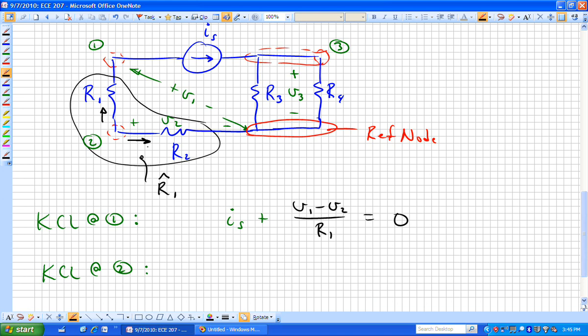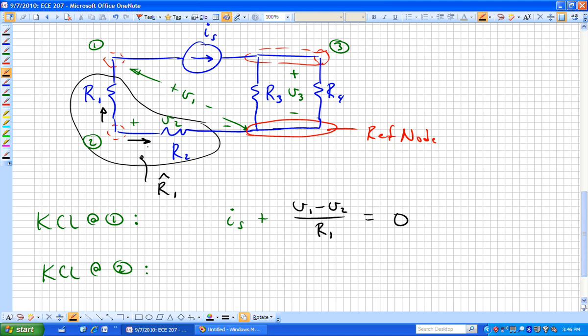One has to go up, one has to go right. In the earlier situation, where I wanted the currents leaving node 1, I considered a current going down that vertical branch containing R sub 1 and a current going to the right. Now that I know I want a current going up and a current going right out of node 2, I just need to define those in terms of my V1, V2, and V3.